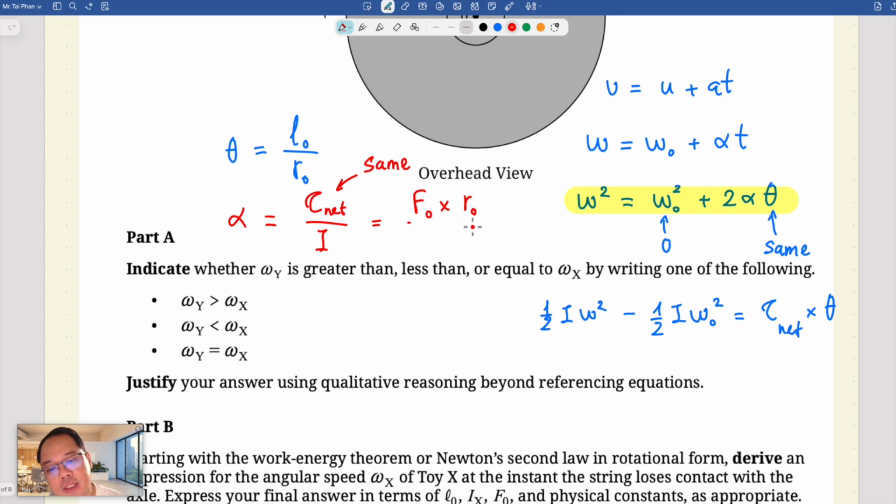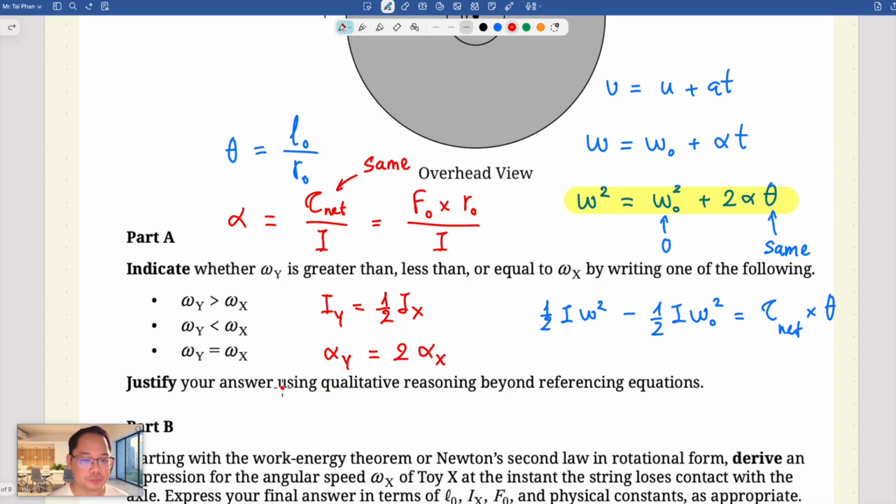Okay, so alpha is different depending on the moment of inertia I. We know that Iy is half of Ix. The torque is the same, so half Ix means the alpha of y will be twice the alpha of x, because according to the formula here, the angular acceleration is inversely proportional to I, rotational inertia. Therefore when the rotational inertia is halved, the acceleration is doubled.